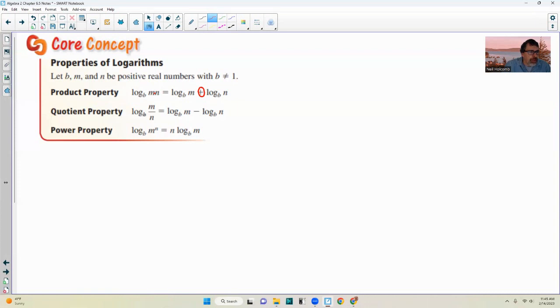Quotient property says if we take the log base b of a fraction, then we take the log base b of the numerator minus the log base b of the denominator. So when we divide, we subtract. And if we have log base b of m to the power of n, this little n here will go out in front, and it's n times the log base b of m.